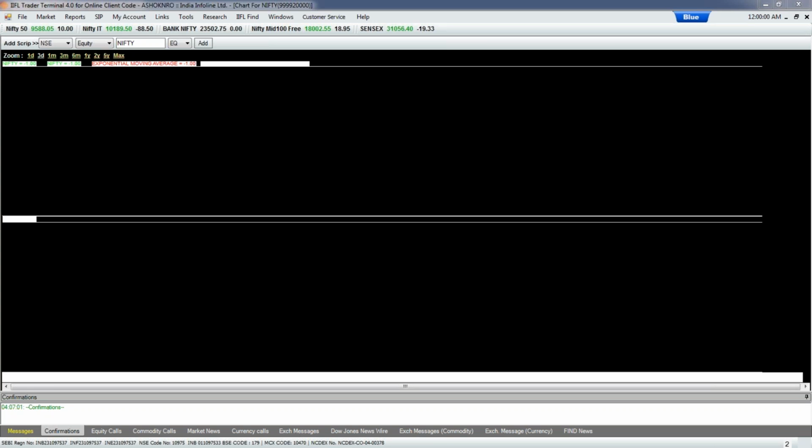Usually what happens is as soon as we open the charts till 9:30 or so, we will not get the EMA these days. Earlier it used to just pop in the EMA as soon as the market starts. So these days the 21 day EMA is only showing up after the 9:30. That is one thing, and sometimes it crashes.